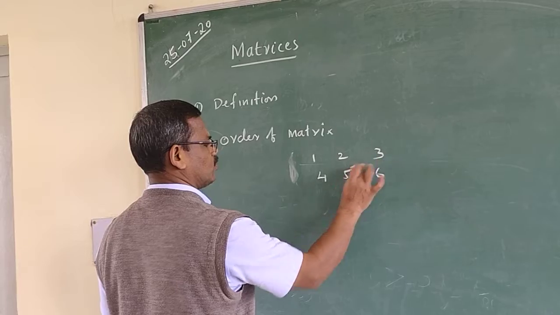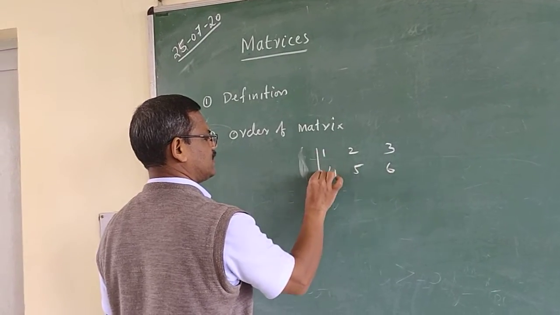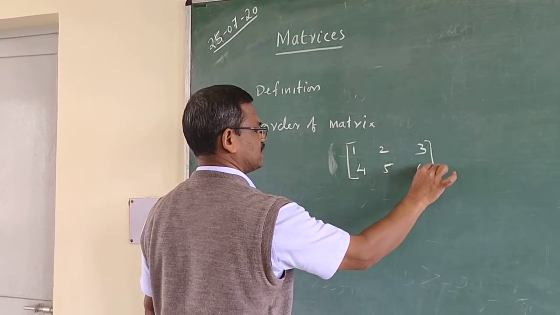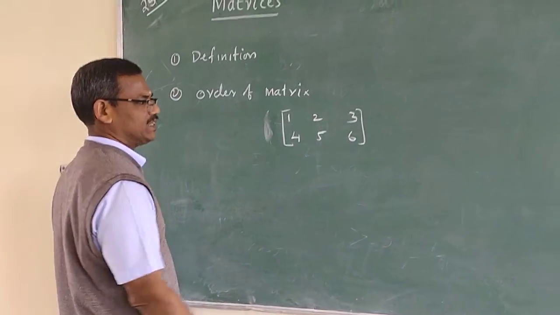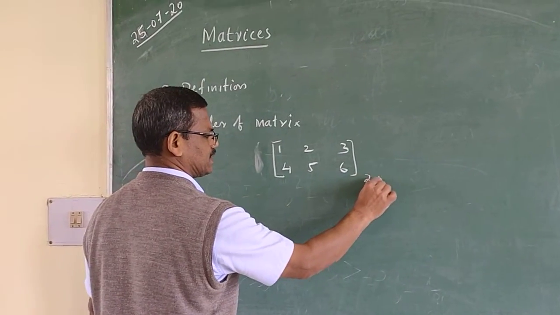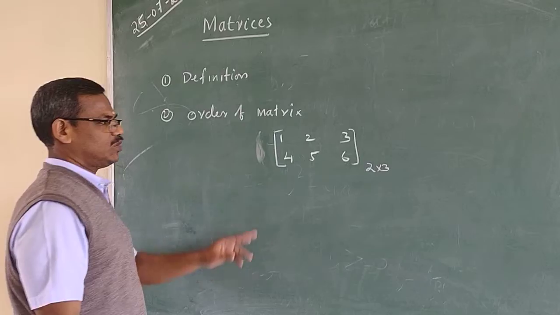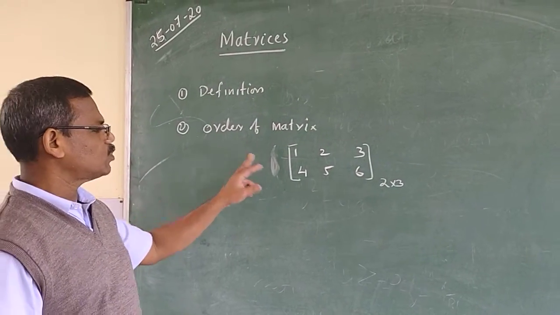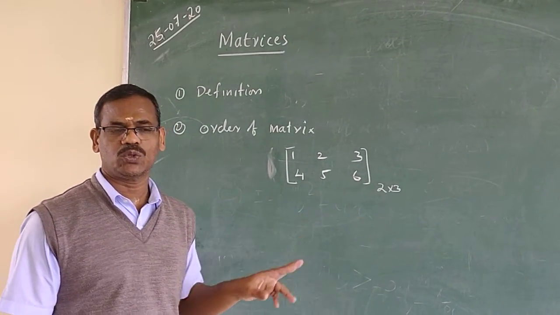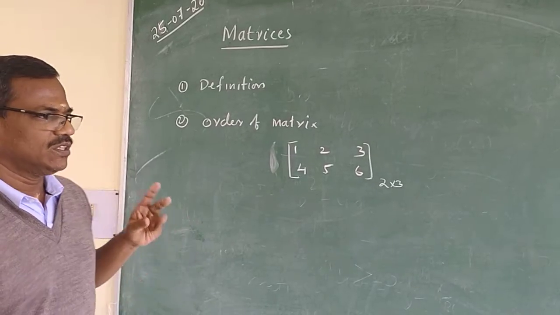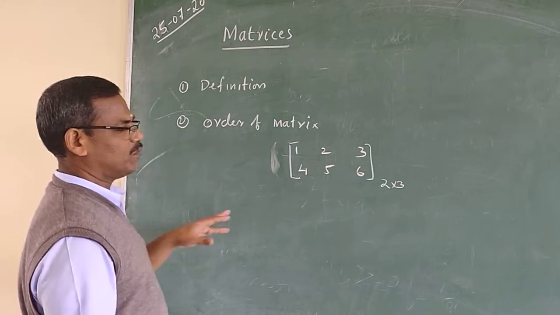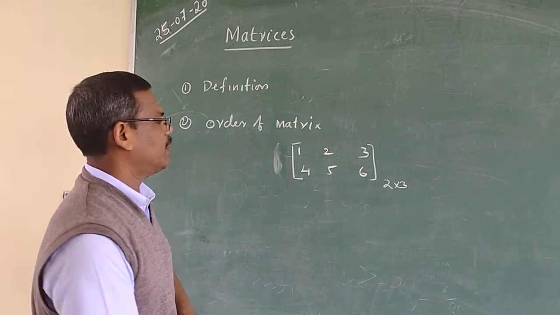This is row and this is column. We say the order of this matrix is 2 by 3, and we write it like this. A matrix of order 2 by 3 contains 2 rows and 3 columns. The number of rows and number of columns decide the order of the matrix.